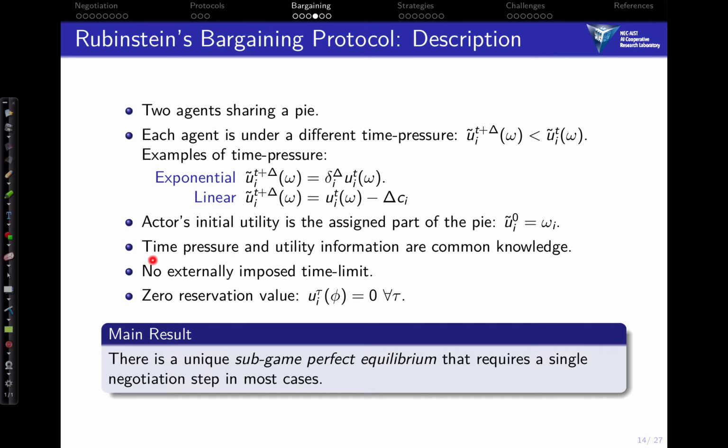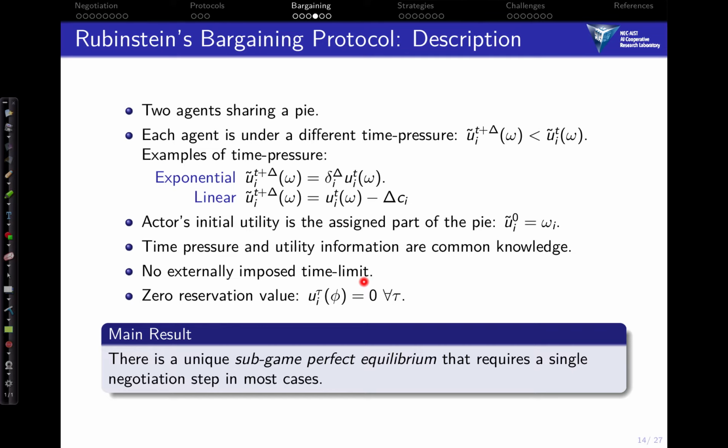Okay, the time pressure and utility information are common knowledge. That's a specific assumption about the Rubinstein bargaining protocol. Both agents know the utility functions of the other agents, and both agents know that the other agents know their utility functions. So that's the definition of common knowledge. And there is no externally imposed time limit, so you can negotiate forever.